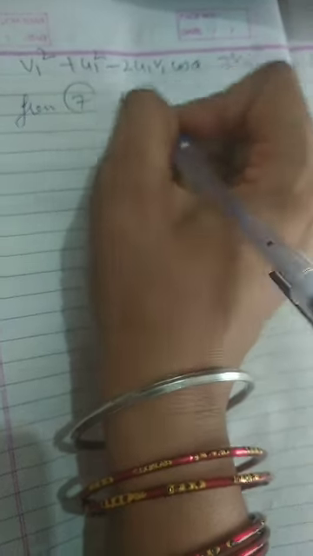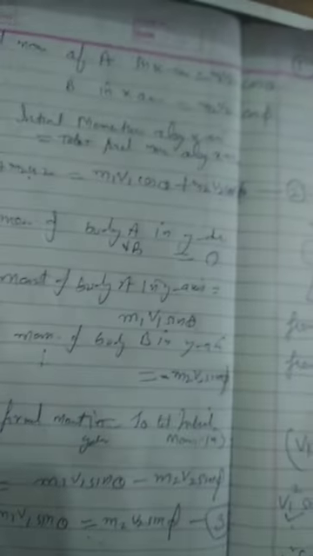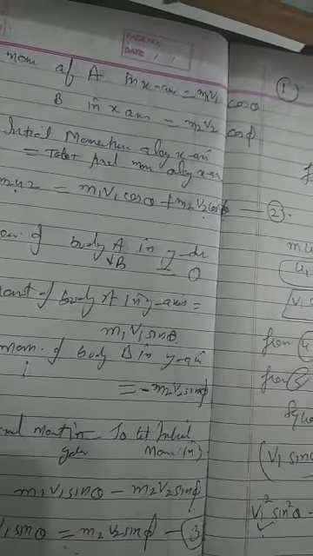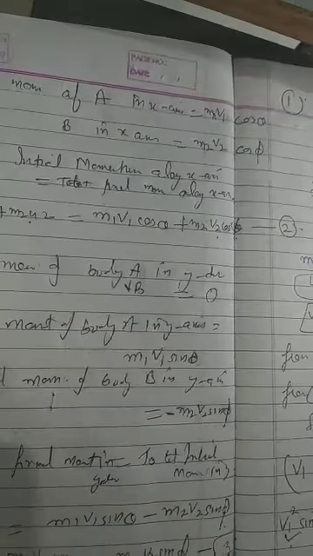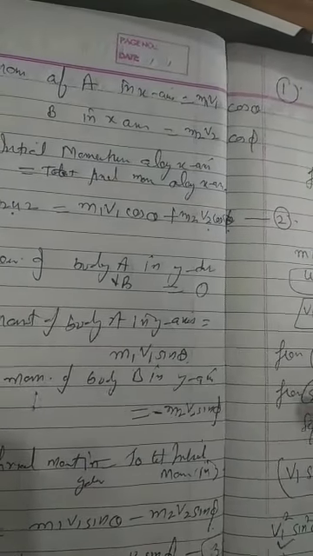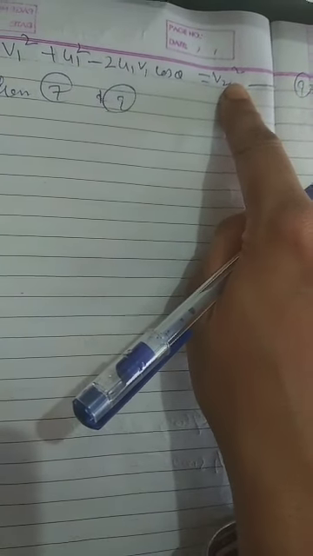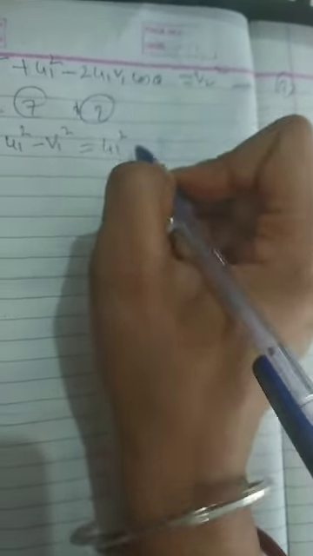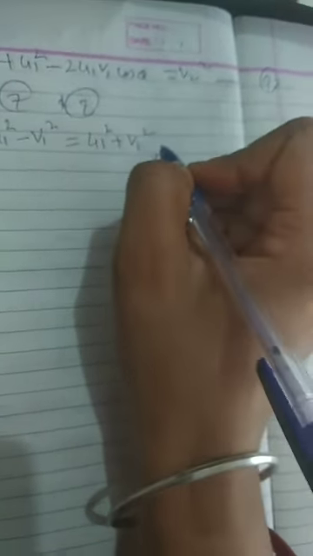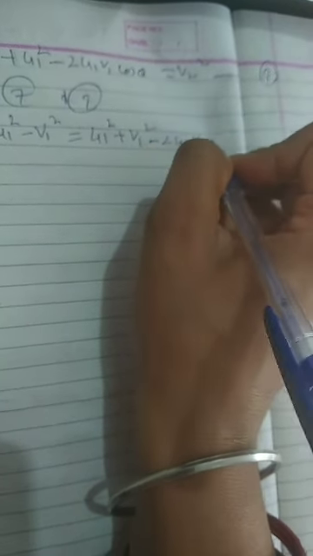Now from 7 and 9. Equation number 7 is this equation and in 9 also v2 square is equal to this. Right hand sides are equal, so left hand sides will also be equal. So we will get u1 square minus v1 square is equal to u1 square plus v1 square minus 2 u1 v1 cos of theta.